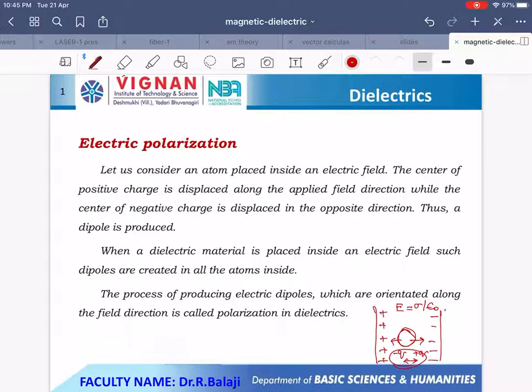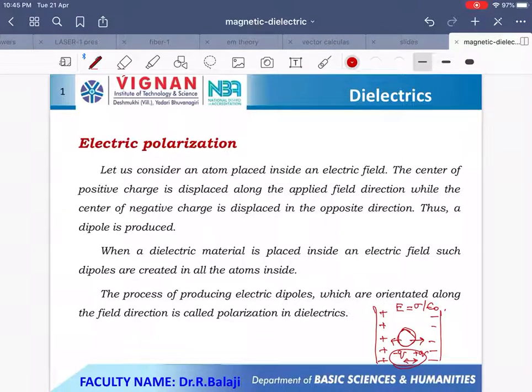When a dielectric material is placed inside an electric field, it consists of a number of atoms, not one atom. So a number of dipoles are created in that situation, right? Such dipoles are created in all the atoms inside. The process of producing electric dipoles which are oriented along the field direction is called polarization of dielectrics.